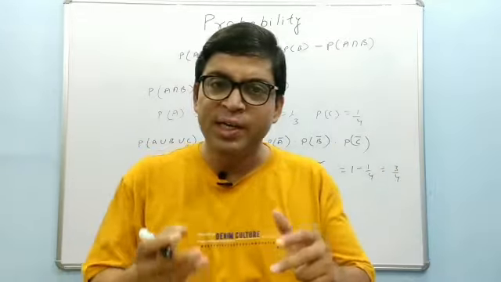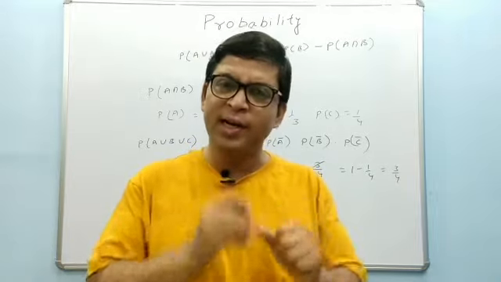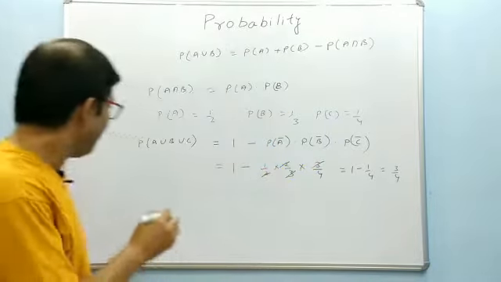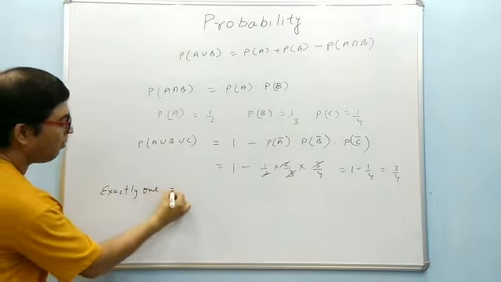If the question is said in this way, that exactly one student is solving the problem, we have to translate it first. Exactly one is solving the problem. What does this mean?